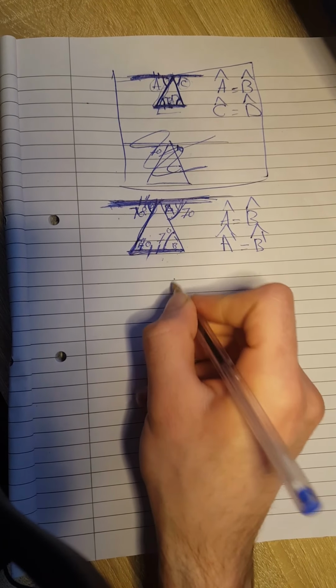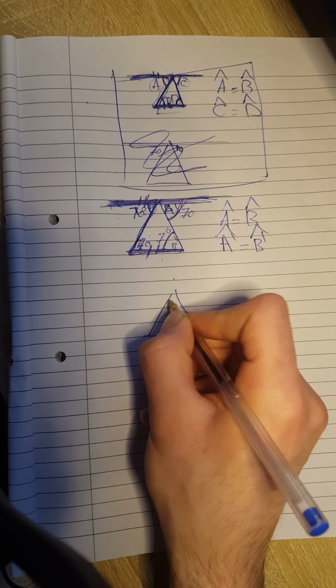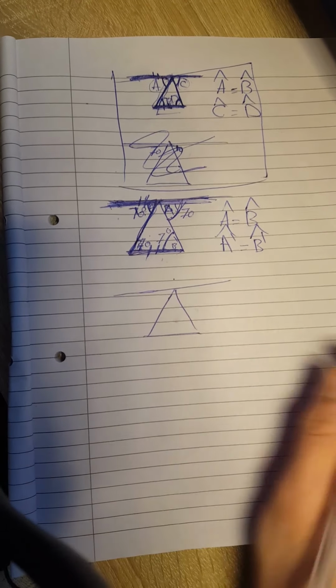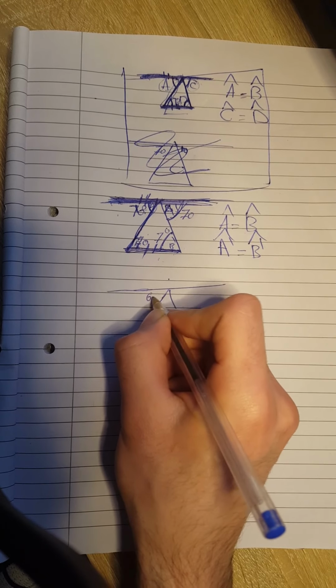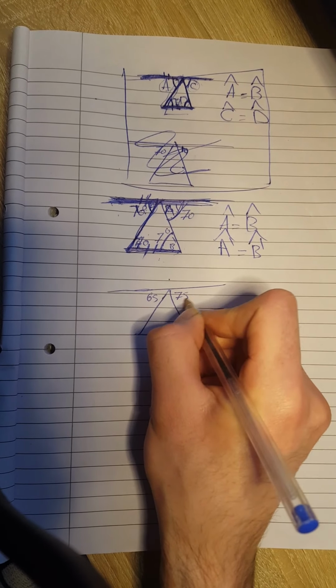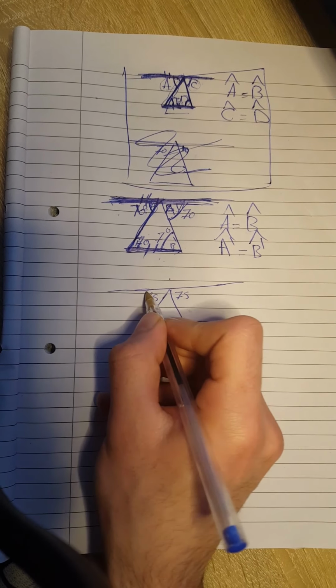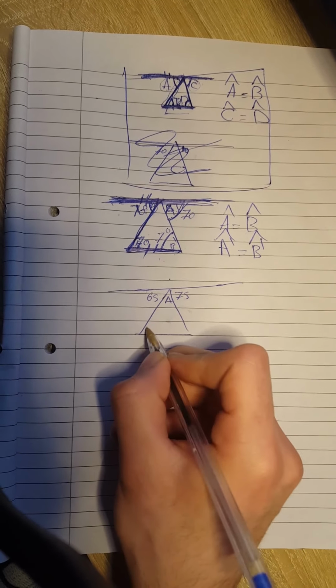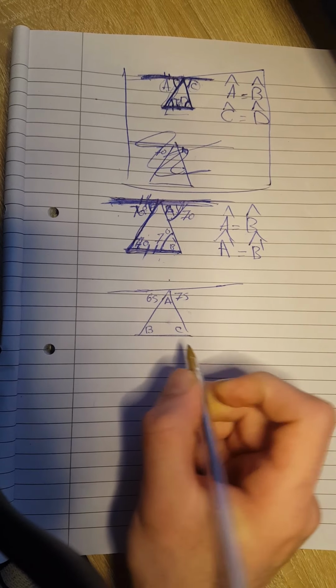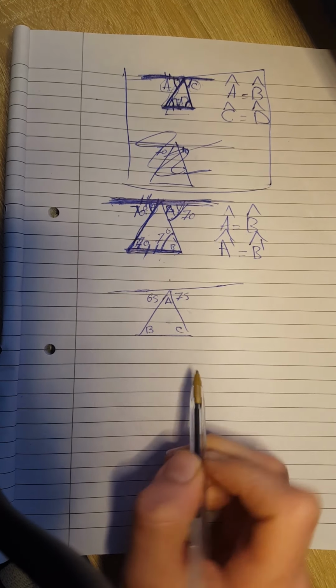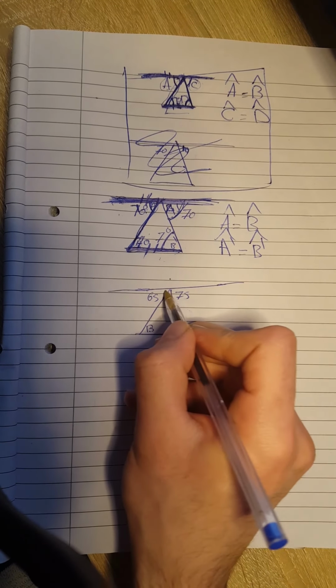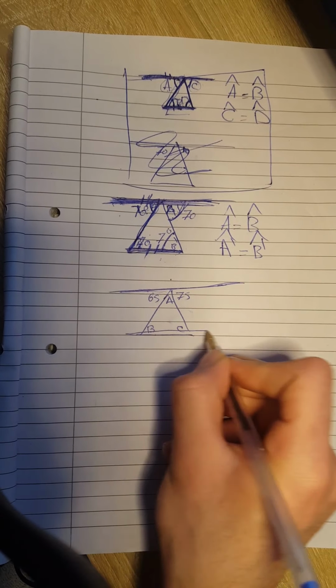We'll have an example. I've got an example in here. I've got this one 65, and this one 75. And they want me to find A, B, and C. As we know, we've got a straight line here, and a straight line in here.